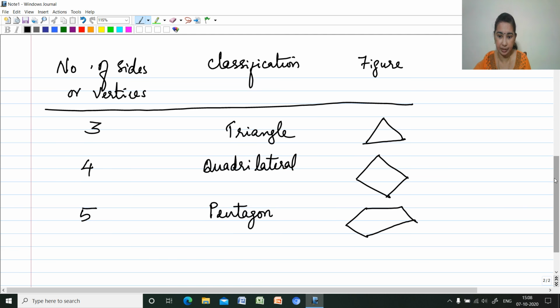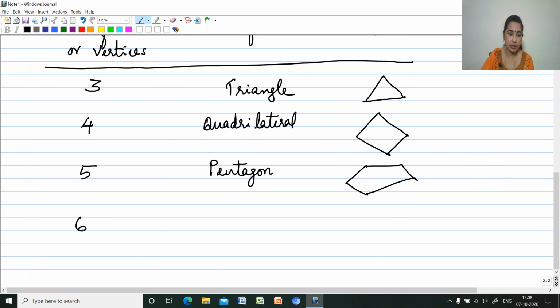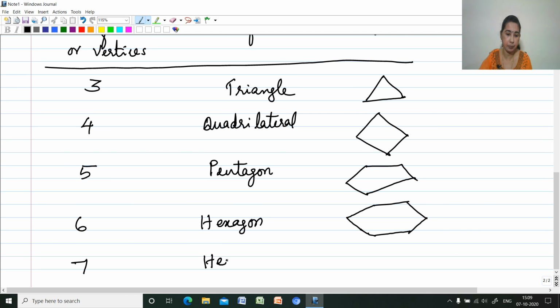Then a six-sided figure we call a hexagon. From the name we have to understand that there will be 6 sides: 1, 2, 3, 4, 5 and 6. Then if the number of sides is 7, we call it a heptagon.